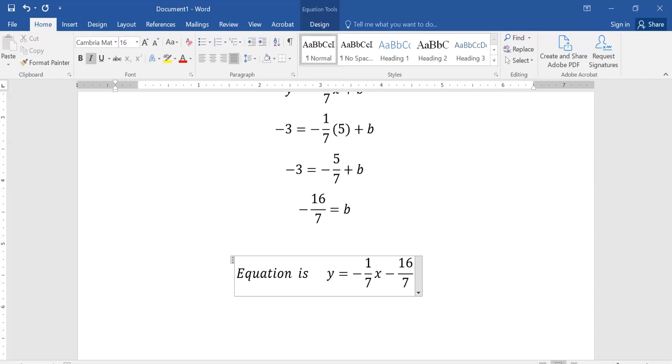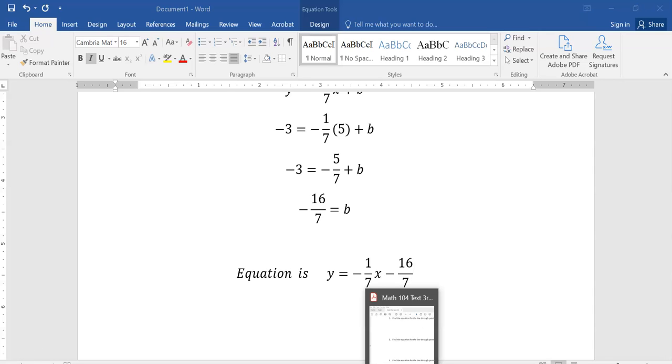That is my final answer. That's the equation that we're looking for. Again, you can write -16/7 as either an improper fraction or a mixed number on the test. So there you go. That's what you're looking for.